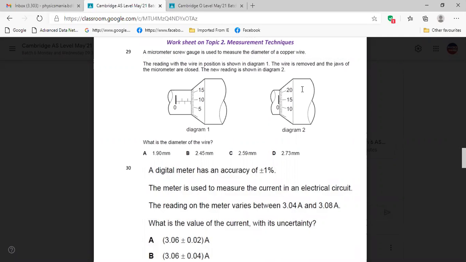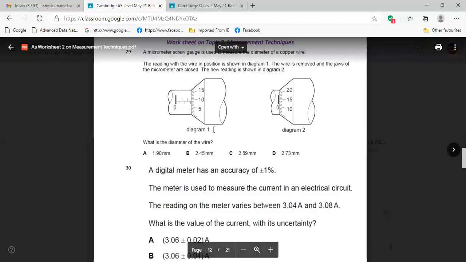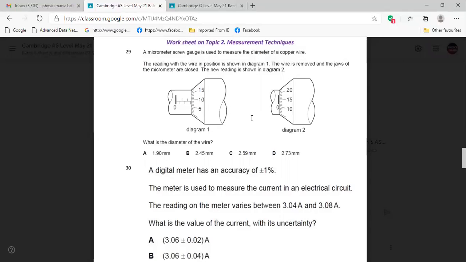Okay, so they are asking you about the diameter of the wire, and the wire is placed here in diagram 1. But why did they give you diagram 2?